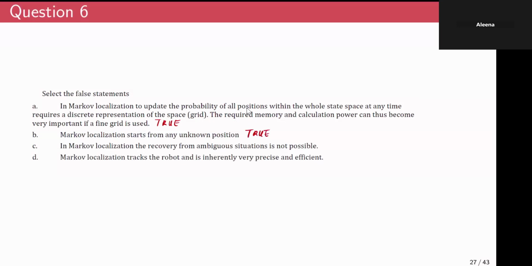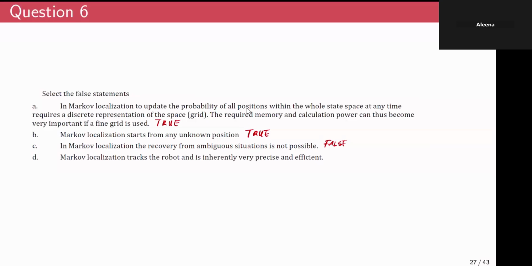And option C, in Markov localization, the recovery from ambiguous situations is not possible. That is false, right? Because we know the probability of the entire grid. Even if you kidnap the robot from one position and put it in some other position, it will still have some estimate of the probability of the position of the robot.